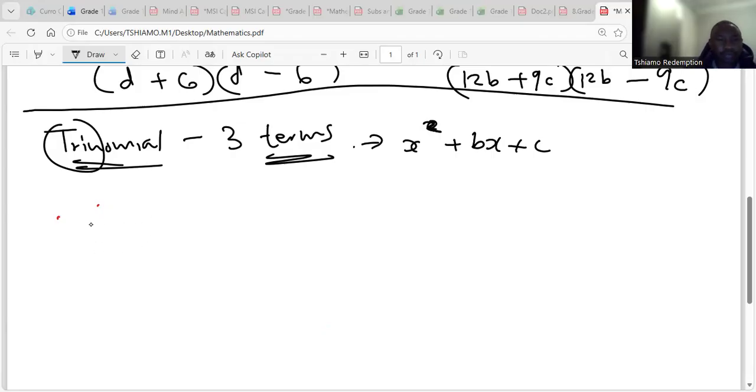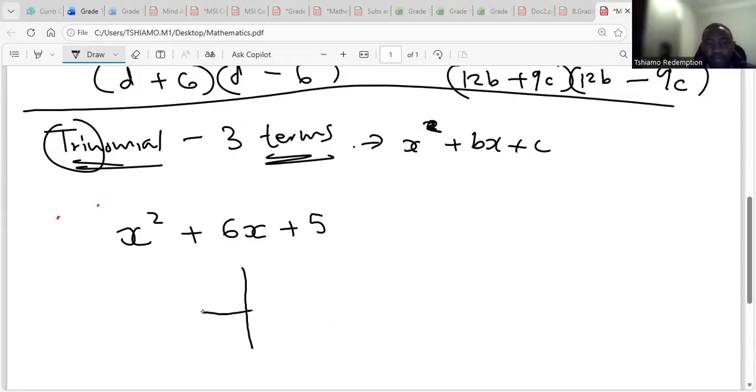So say you're given something like this, plus 6x plus 5. So what are we going to do here? Let's listen carefully.